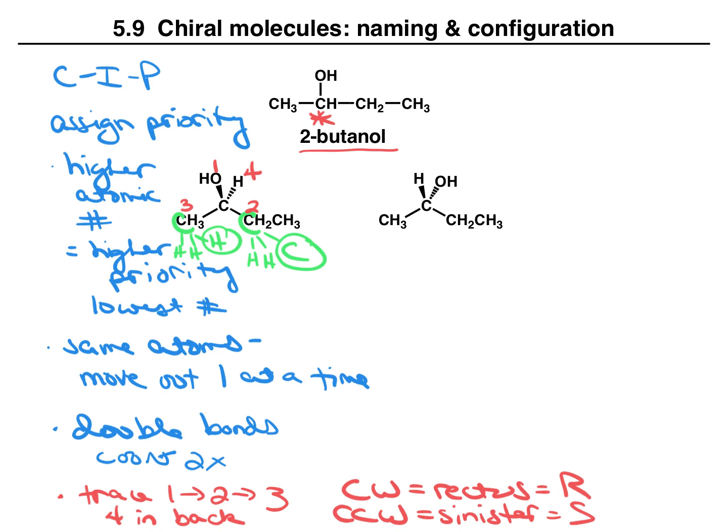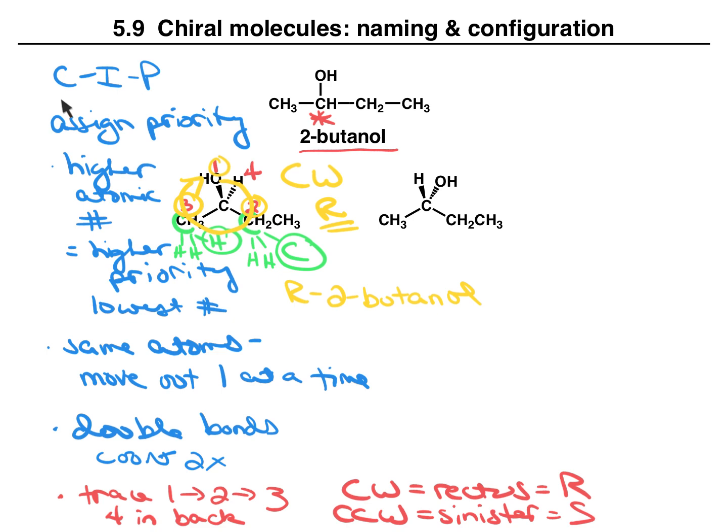So we're going from 1 to 2 to 3. We trace that we're going clockwise, so this has the R configuration. So the compound on the left would be R-2-butanol, because we have 4 carbons, it's an alcohol at position 2, and carbon 2 has the R configuration.